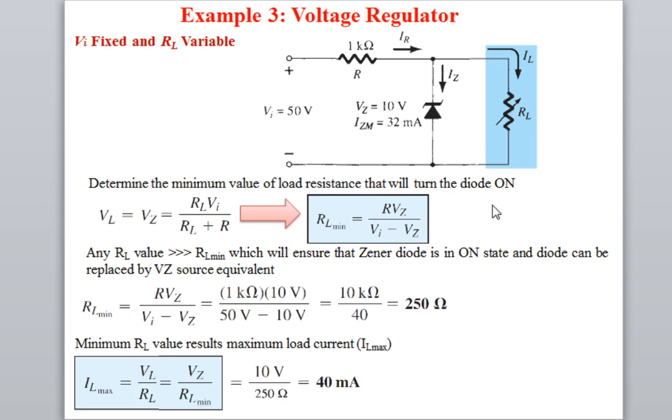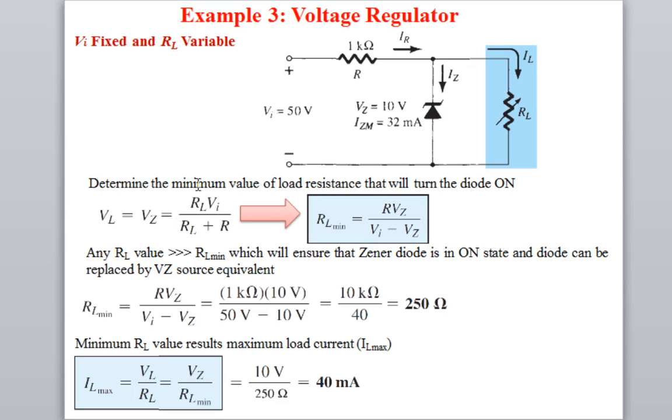That is what I have done here. So determine the minimum value of load resistance. We can determine the maximum value and the minimum value of load resistance. If we are able to determine the maximum and minimum value of load resistance, then we can determine the maximum current and minimum current. Then we can find out whatever quantities we require.